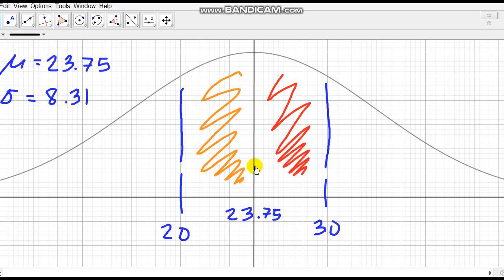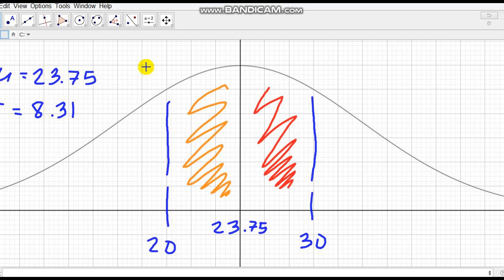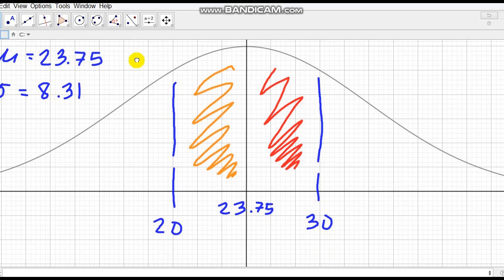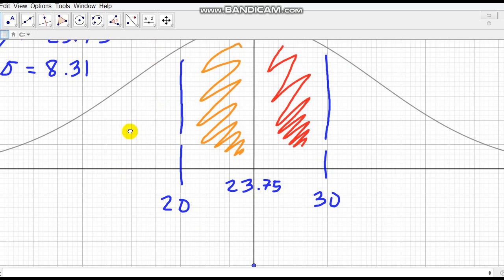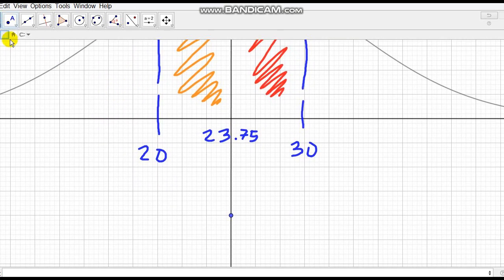This area here. And this can easily be obtained using the table of areas under the normal curve, since the table corresponds to the area going towards the mean. So we just have to obtain that. What we have to do first is to convert the scores into z-scores.